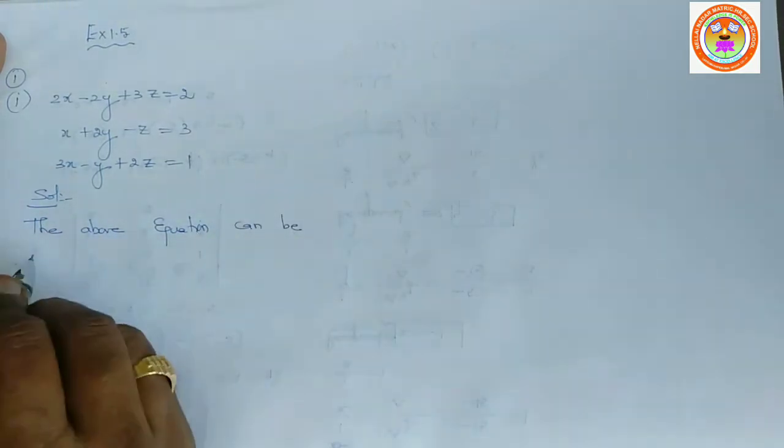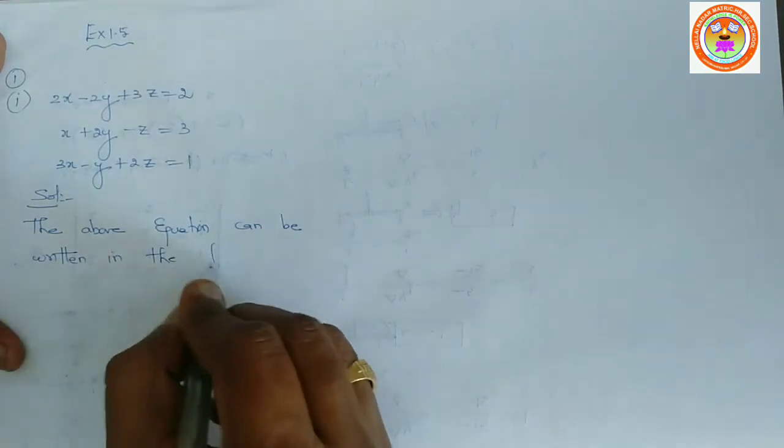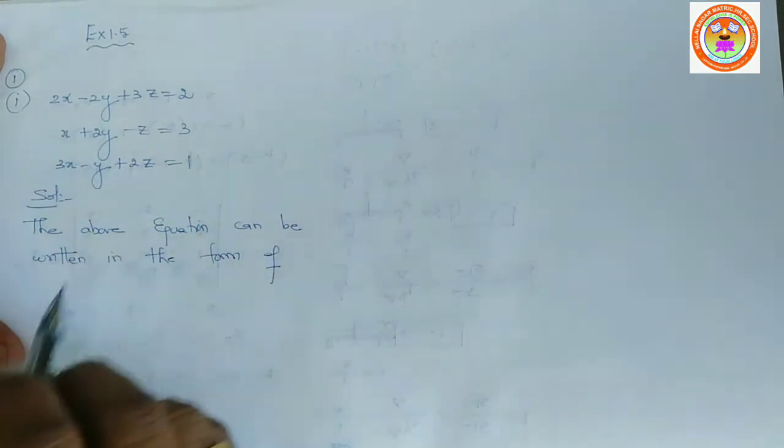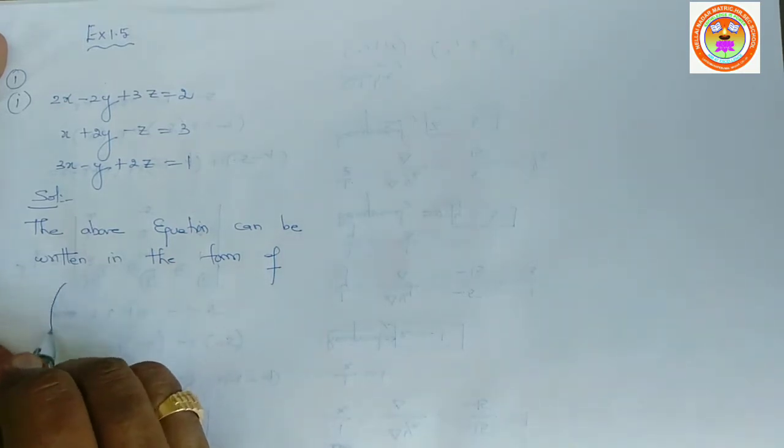can be written in the same form we used in the matrix inversion method. The same form we need to write here also. What is the form we use in the matrix inversion method?